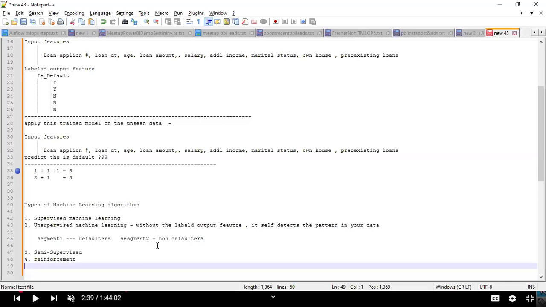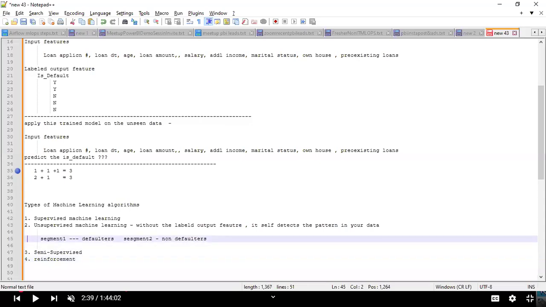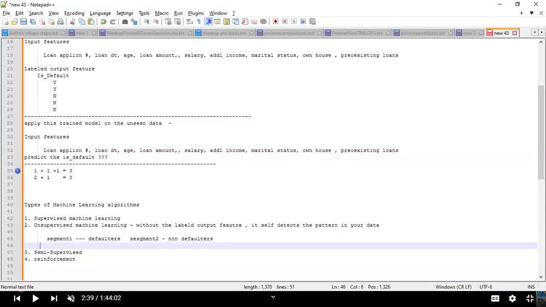Okay. So in unsupervised machine learning, the classic examples of algorithms are the k-means algorithm, the hierarchical algorithm, and even recommendation systems, and even principal component analysis.